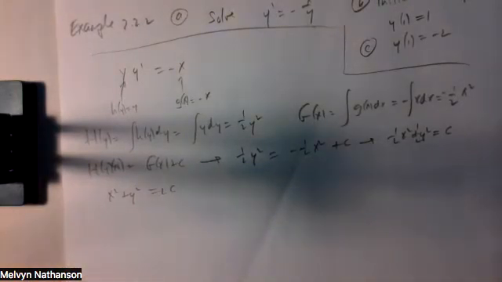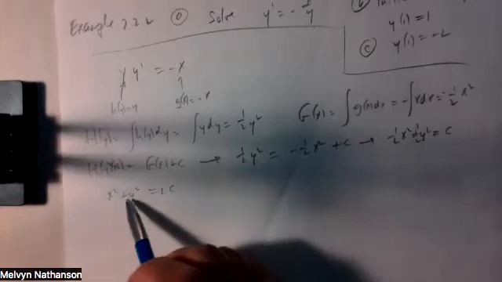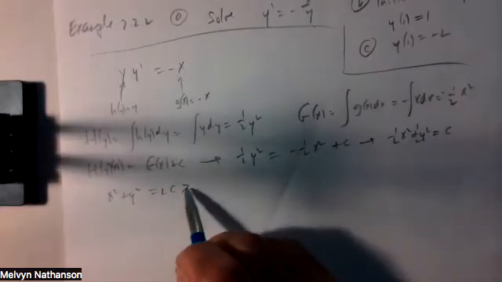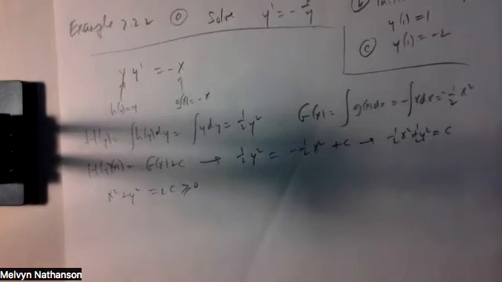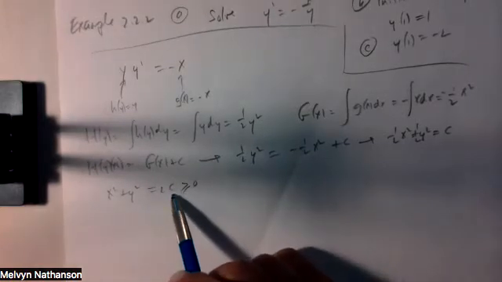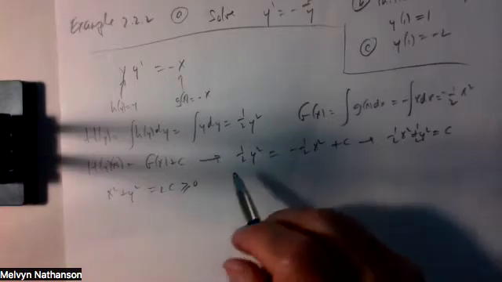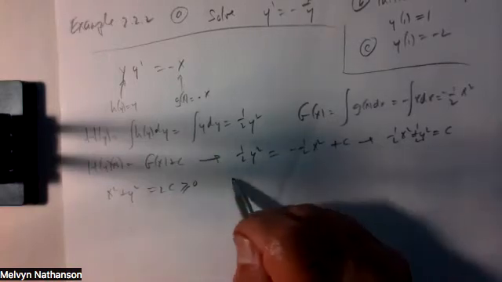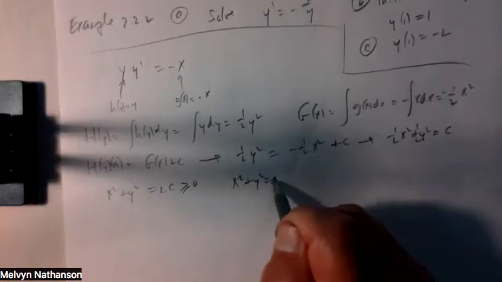And x squared plus y squared, no matter what values of x and y you pick, is always greater than or equal to 0, because the square is never negative. So 2c is non-negative, so I can just write 2c equals a squared. So x squared plus y squared equals a squared.